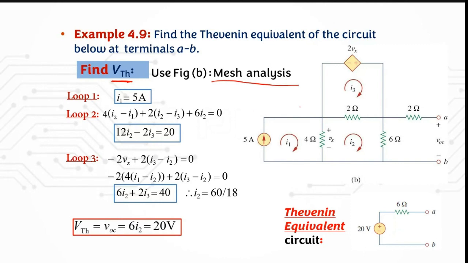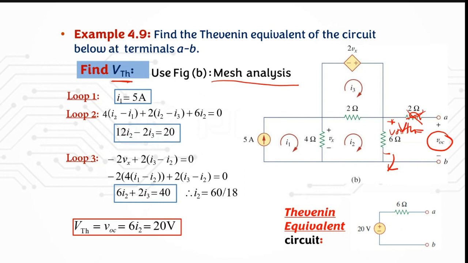From this, you know that this is your VOC, which is equal to your VTH. This resistor is not functioning because this is the open circuit, so there's no connection for this 2 ohms.